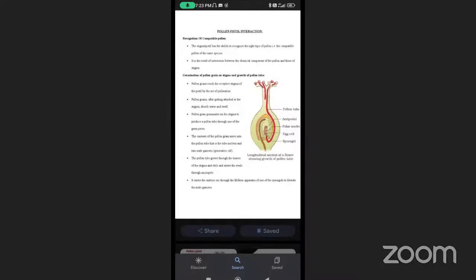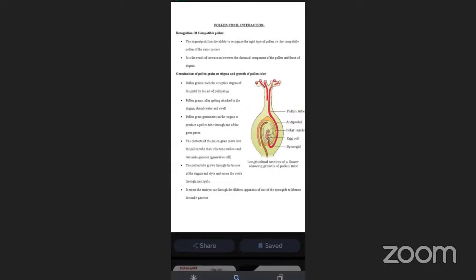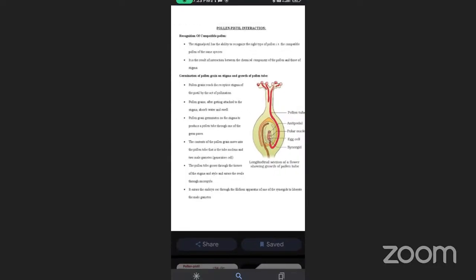Are you able to see the pollen pistil interaction now? Yes, sir. The words are not clear, I think, but anyway, I will explain clearly. Pollen pistil interaction.